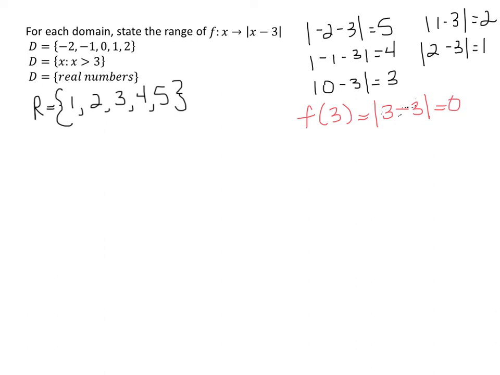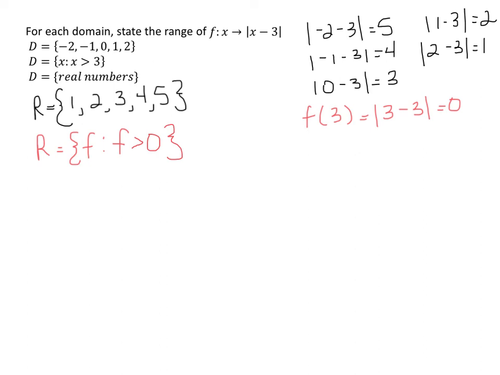So anything bigger than 3 will start giving me positive values. So for that one, my range is going to be all values greater than 0. Because exactly 3 gives me 0. So if x is larger than 3, this will end up being a value greater than 0.